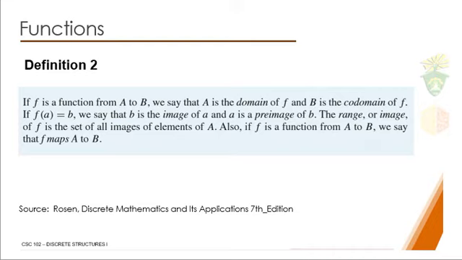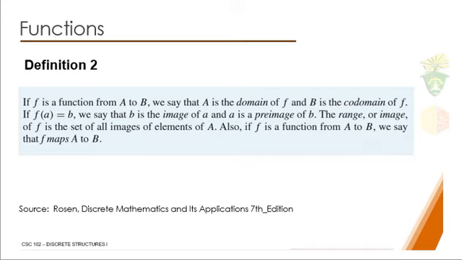The range, or the image of f, is the set of all images of elements of the set A. Also, if f is a function from A to B, we say that f maps the set A to set B. Clear?